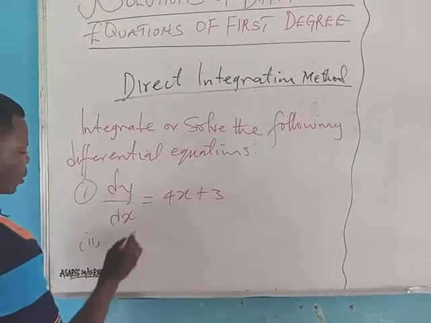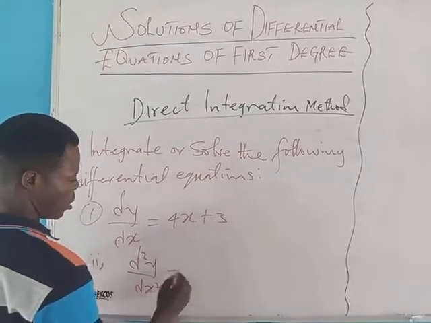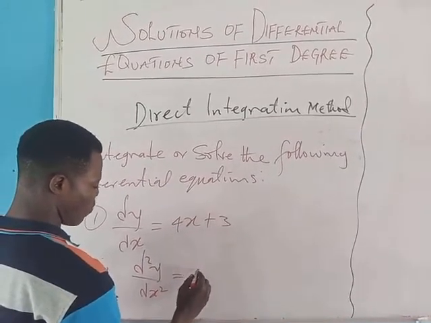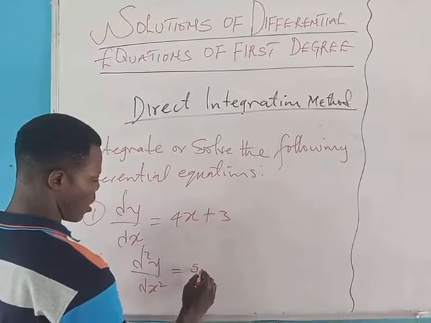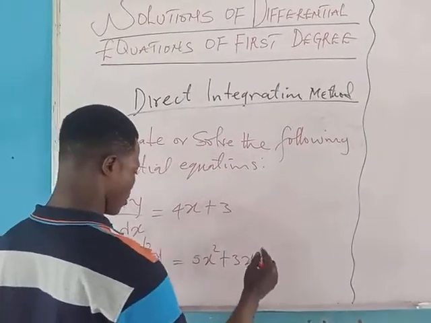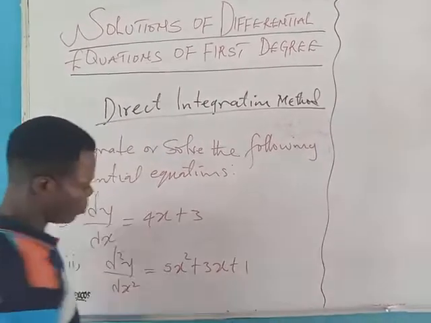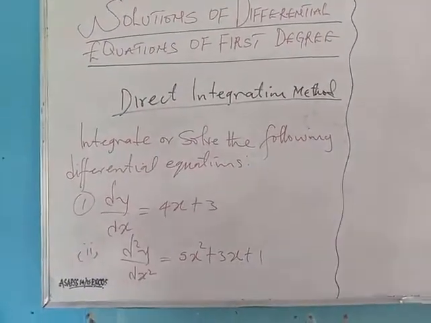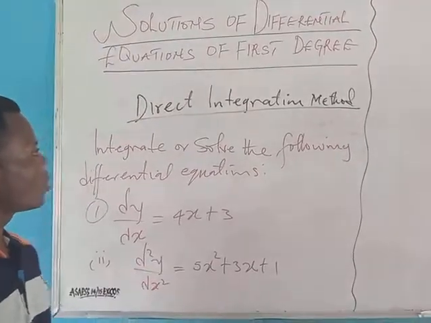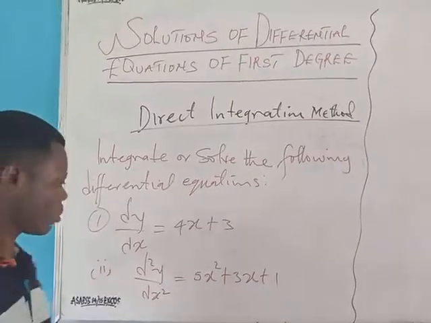And the second one, d squared y over dx squared equal to 5x squared plus 3x plus 1. So we want to take these two as examples for the direct integration method.